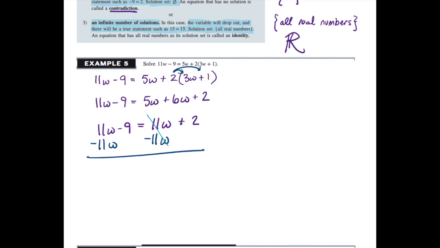It'll clear out on the right side, but 11w minus 11w will also cancel on the left side. So my w's are canceling. I'll be left with -9 on the left side equals +2 on the right side. This is a contradiction.